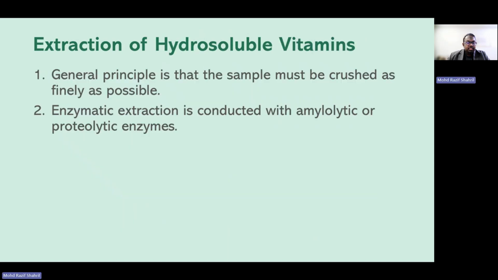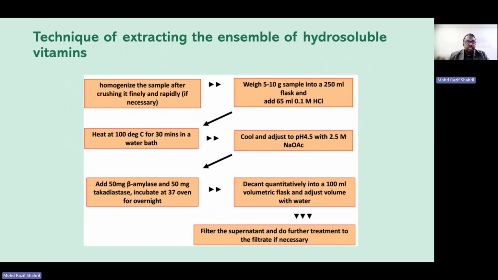So let's shift gears completely to the hydrosoluble or water-soluble vitamins, because we aren't dealing with a fat matrix. The general principle here is simply that the sample must be crushed as finely as possible, and we frequently rely on enzymatic extraction using amylolytic or proteolytic enzymes rather than harsh bases.